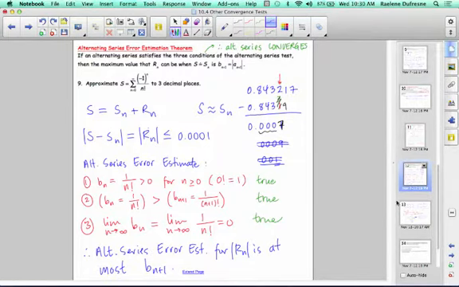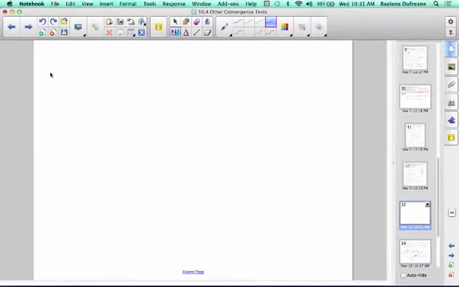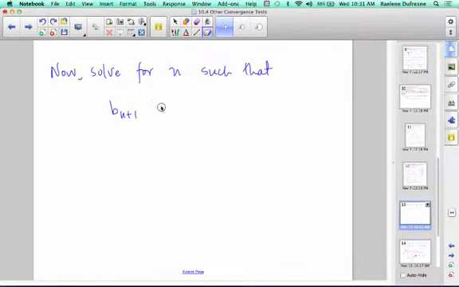So what we want to find out is the n value that makes Bn plus 1 equal to 0.0001. So now we want to solve for n such that Bn plus 1 is equal to 0.0001.